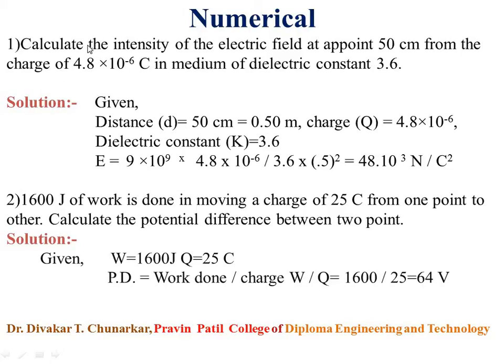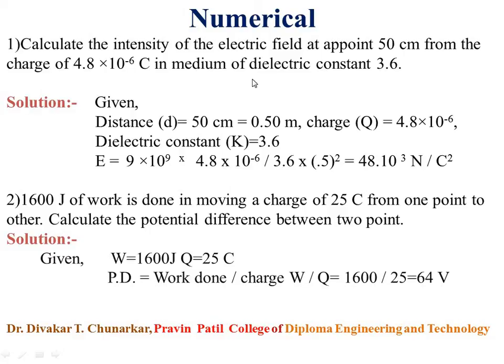So the formula for intensity of electric field is E equal to 9 into 10 to the power 9 into Q upon Kr square or Kd square.